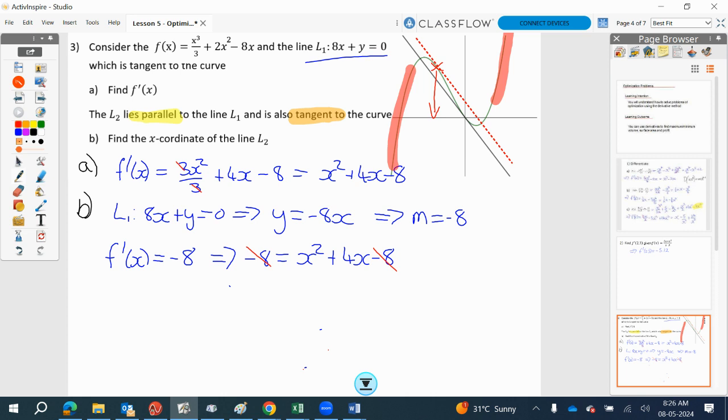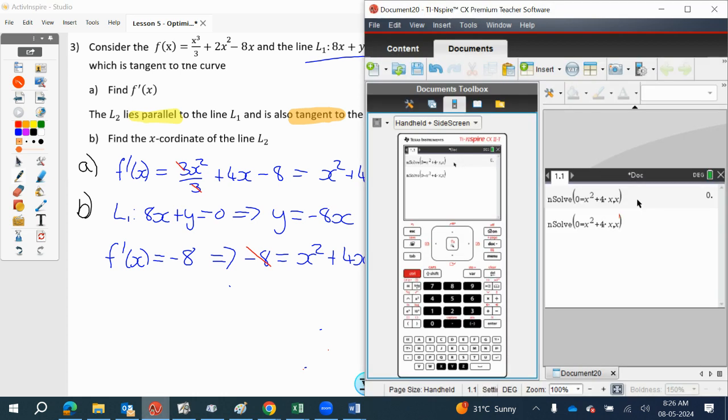Is that positive or negative? Negative. Which means when we n-solve, we don't want to go looking positive answers like this, because you'll get no solution found. You need to go looking negative. So your lower limit, let's try minus 100, and your upper limit, let's try minus 0.1.